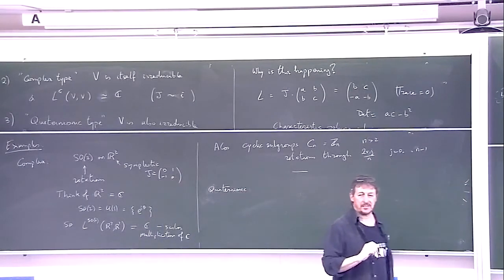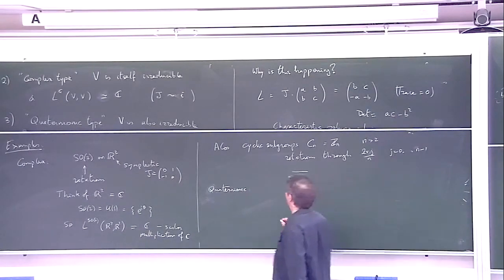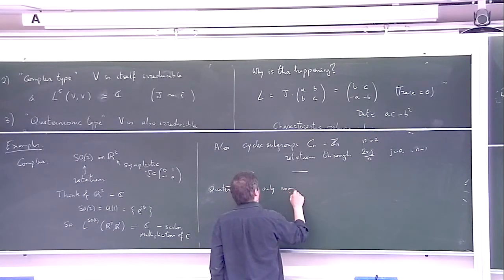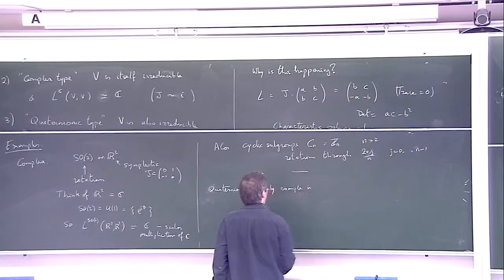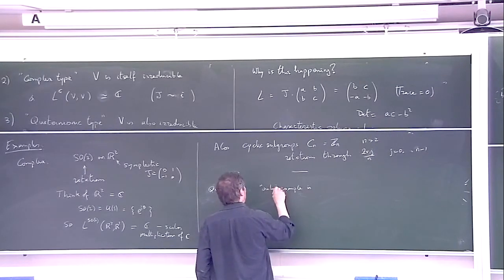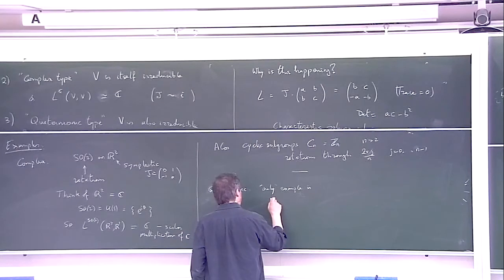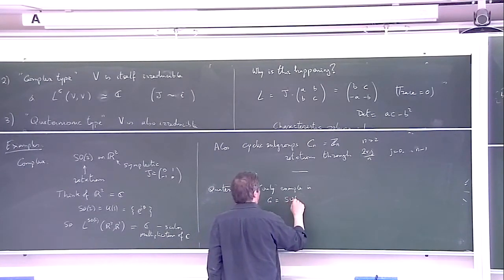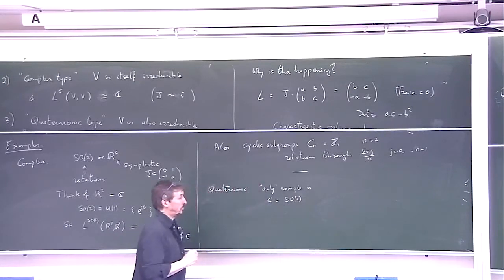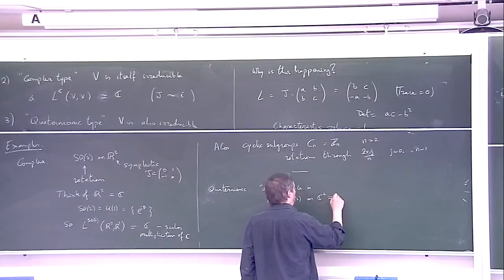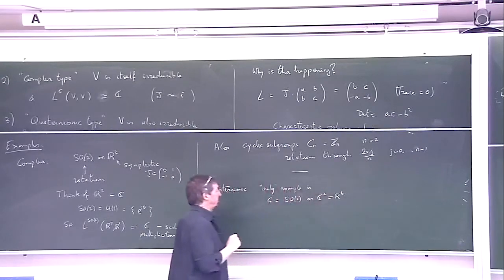Quaternionic, in a sense, there's only one example. Well, it's not true. G is SU2 in 4 dimensions.